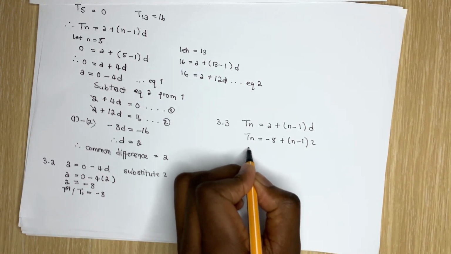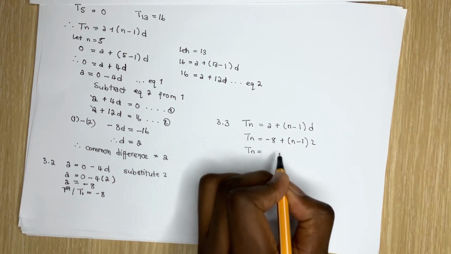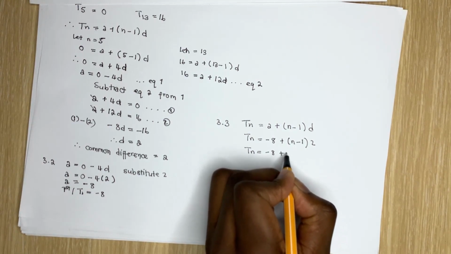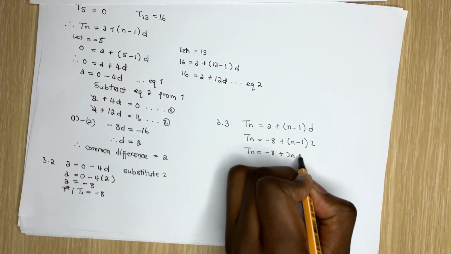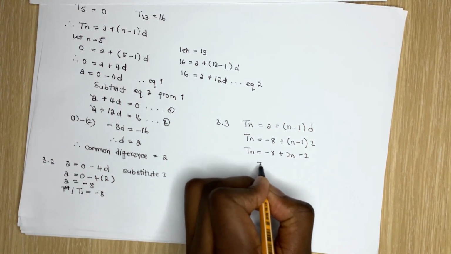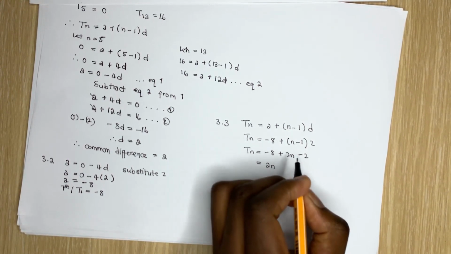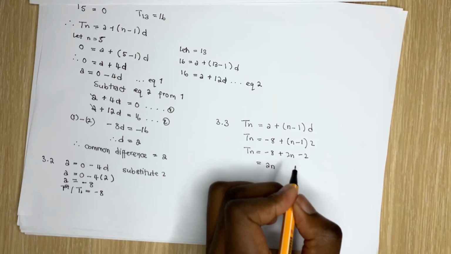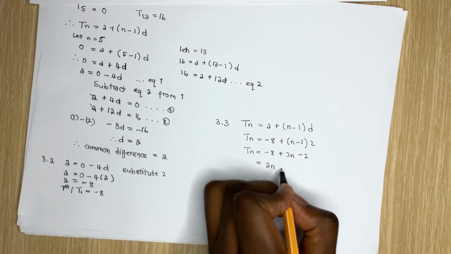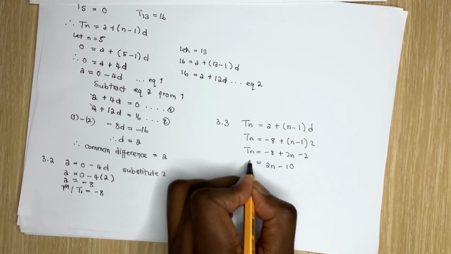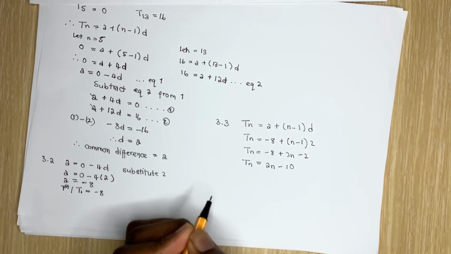So if we simplify that, we end up with negative 8 plus 2n minus 2, which gives 2n, negative 8 minus 2, that gives us negative 10. Okay, so that is our general formula for our sequence.